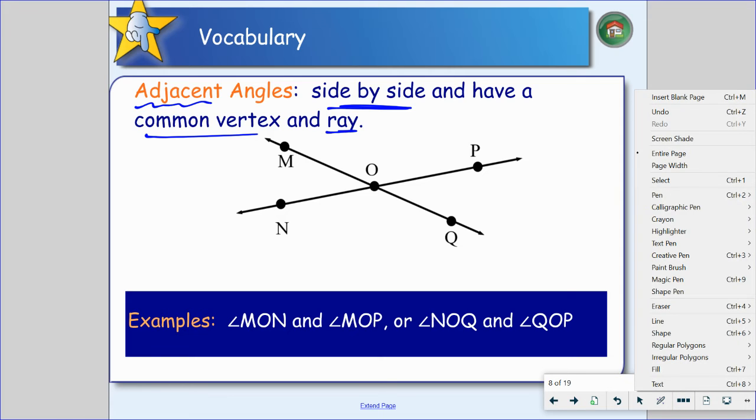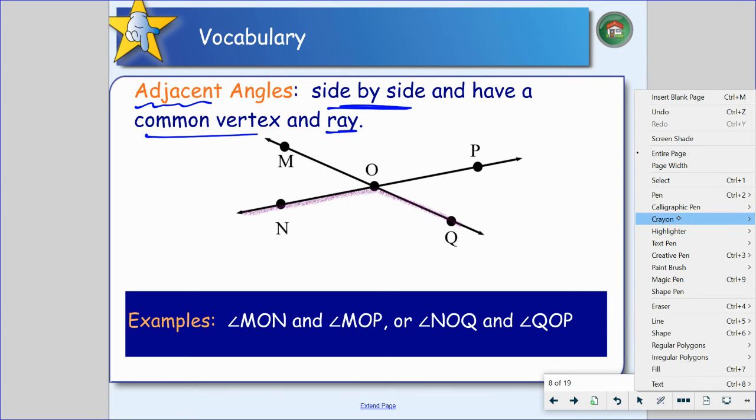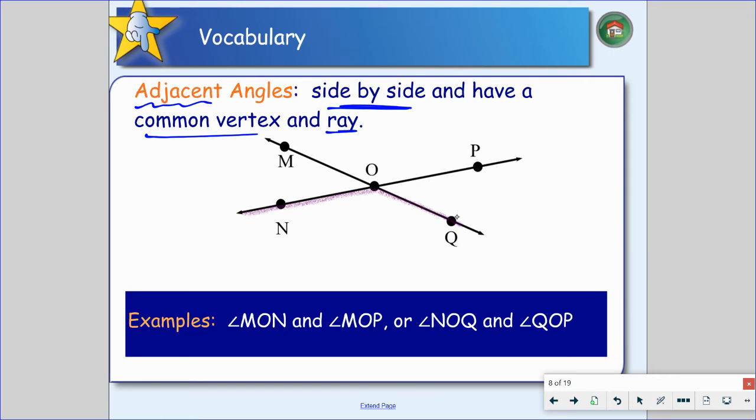Let me use a little crayon here. Angle NOQ along with angle QOP. Notice that they do share vertex O and ray OQ.